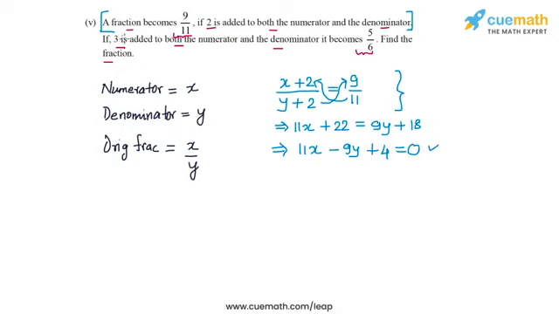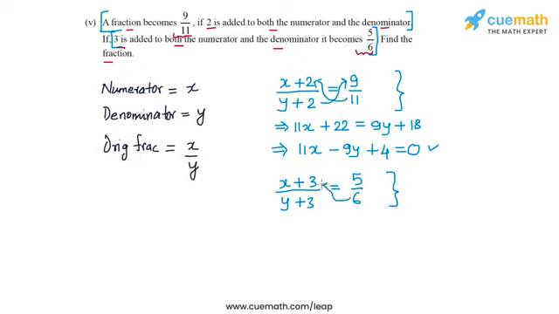And now let's use the second piece of information. If 3 is added to both the numerator and the denominator of the original fraction, it becomes 5 by 6. So if I add 3 to the numerator and 3 to the denominator, the new fraction is x plus 3 by y plus 3, and the numerical value of this fraction is 5 by 6. So again, from this we can find out our second linear equation in x and y.